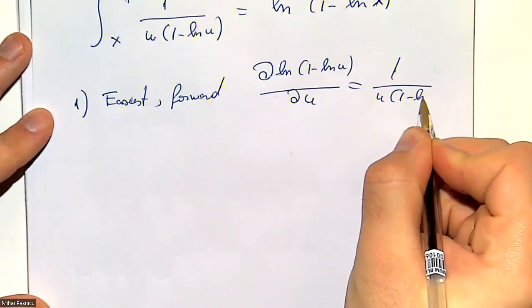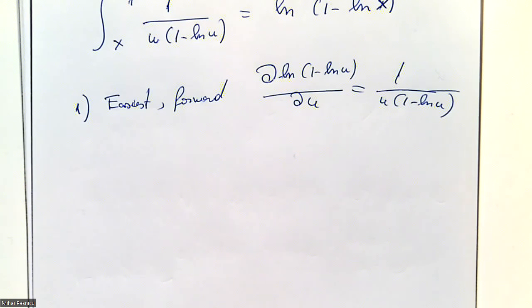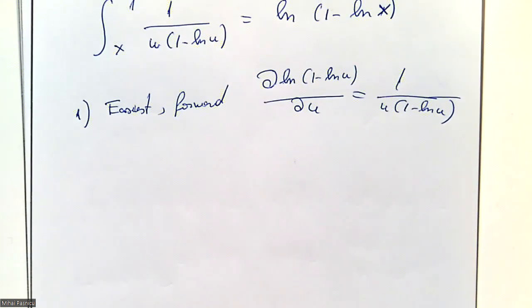That would be the definition of the integral. So check the definition. First check. I'm not saying you need to do this on the exam because you don't need to.